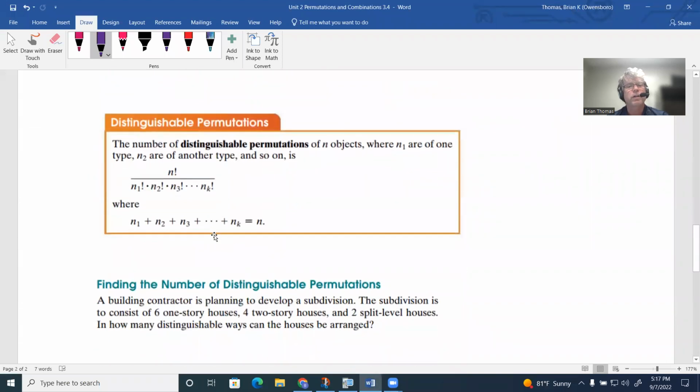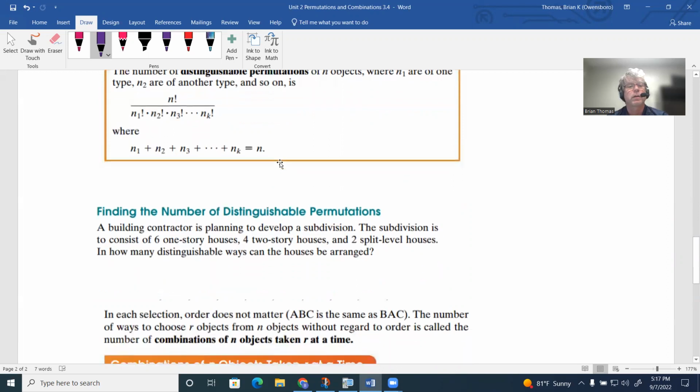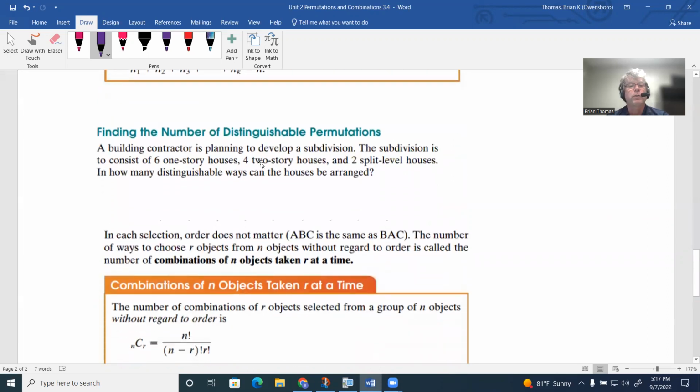There's also this thing called distinguishable permutations, where there's n objects where n1 are of one type, n2 are of another type, so forth and so on. So I have this little formula, n factorial over n1 factorial times n2 factorial, so forth and so on. So where this would fit in is, we have a building contractor planning to develop a subdivision.